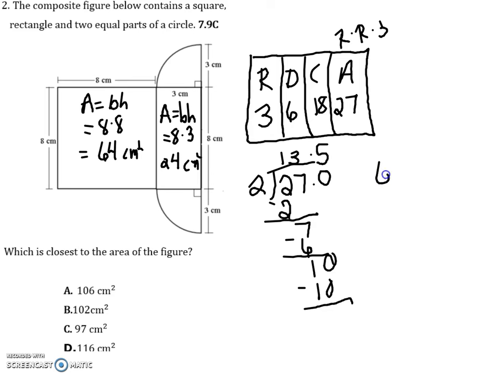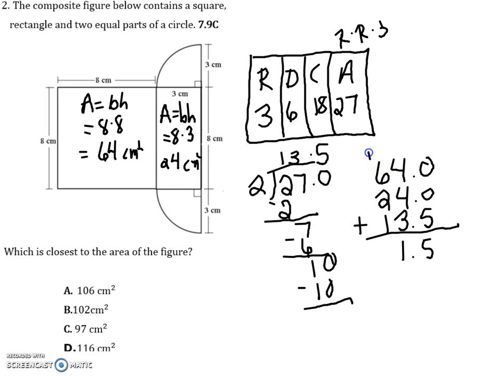I need to add up 64, 24, and 13 and 5/10. Okay, when I do that, I have 5/10. I have 8, 9, 10, 11, 6, 7, 8, 9, 10. I have 101.5 centimeters squared, which is closest to 102.